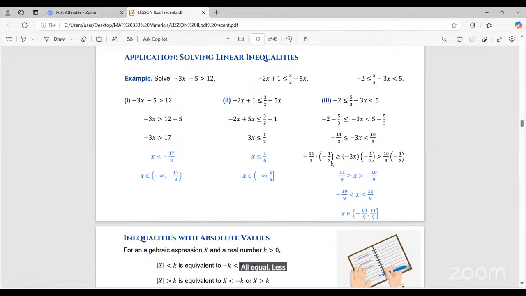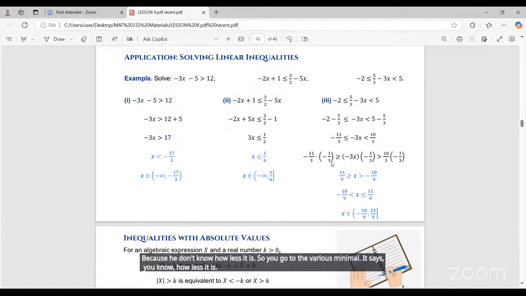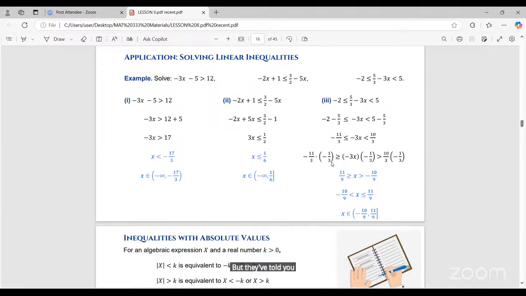Less means it is less than 1/6, or it is equal. So that less has taken care of it being open at minus infinity, because you don't know how less it is, so you go to the barest minimum. But they've told you that it is equal to 1/6, so it must be closed there.